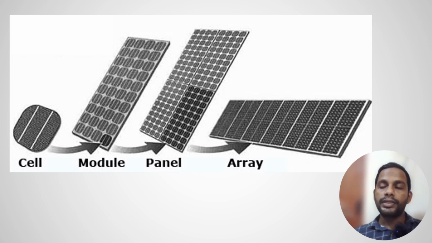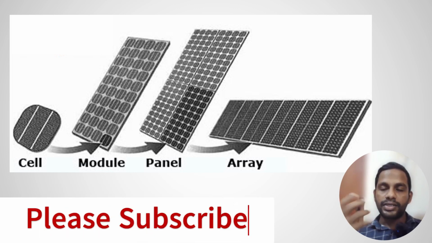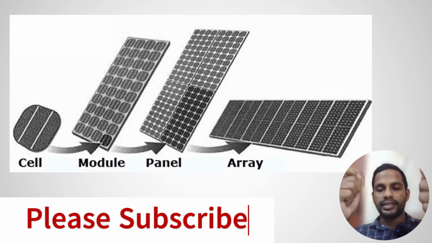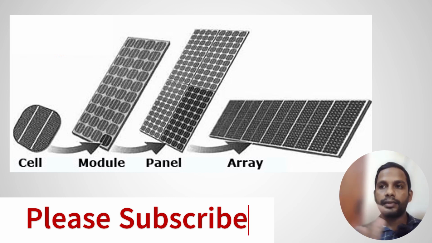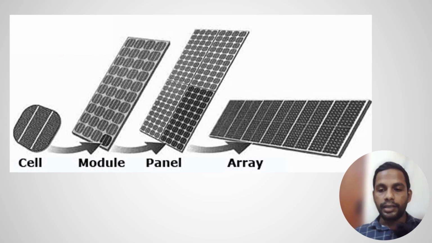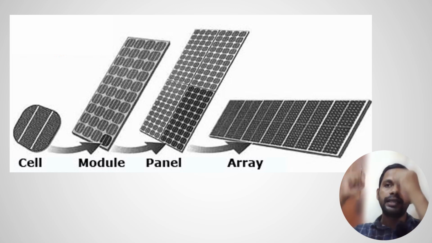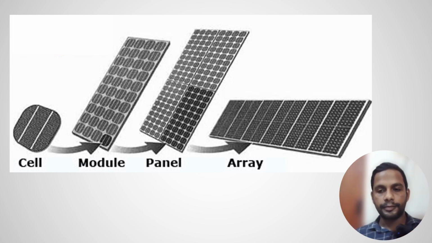In general, in our households, on our rooftops, the solar installers bring each module and fix it to make a PV system or PV array. They need not fabricate by combining two, three modules at ground level and bringing them to the roof. It's simple. They bring each panel one by one. They carry each panel to the roof and fix it.